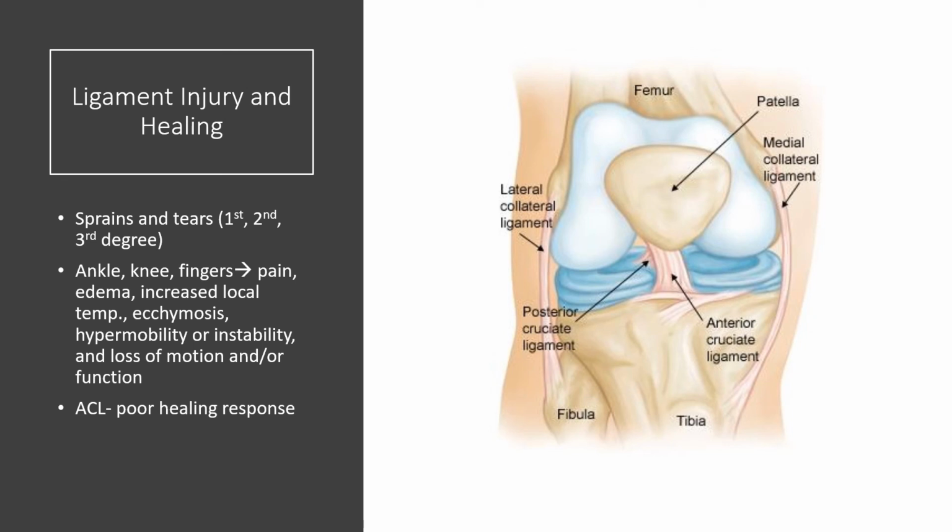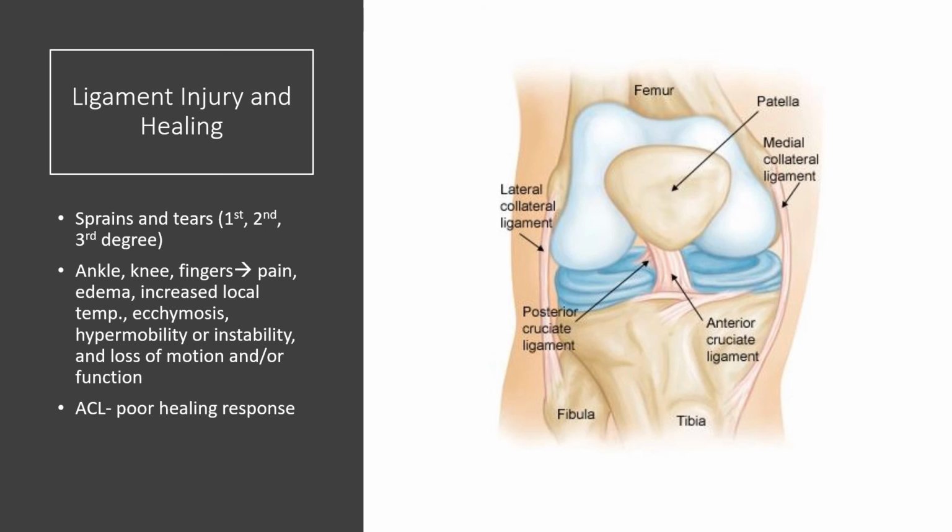But depending on the changes in the structural or the biomechanical integrity, that's really going to facilitate how long healing takes to occur. And it could range from an injury of a few fibers without loss of integrity, which would be a very quick healing process, to a complete tear, which may be a very prolonged healing process.